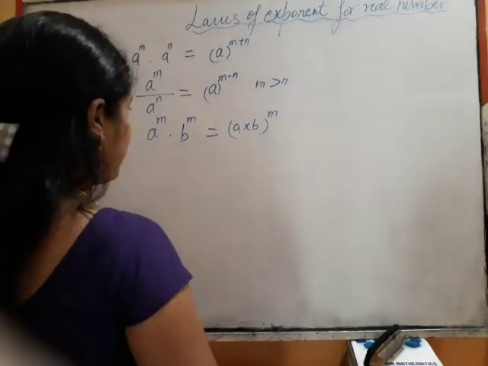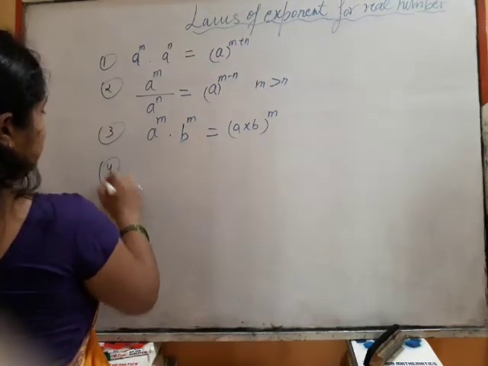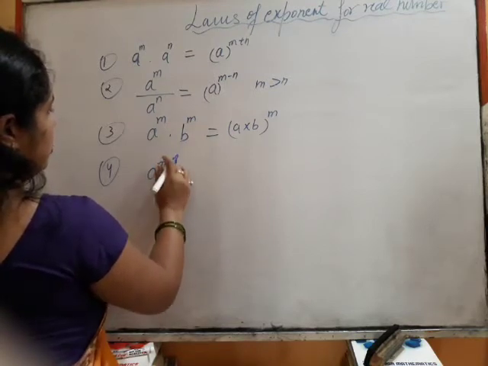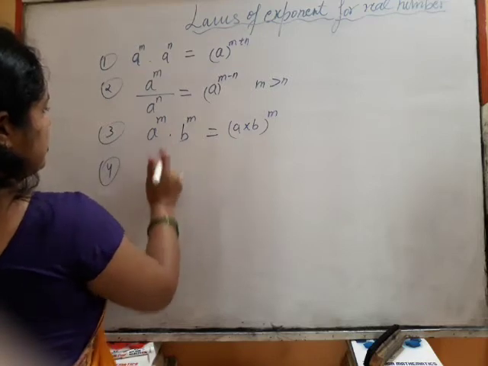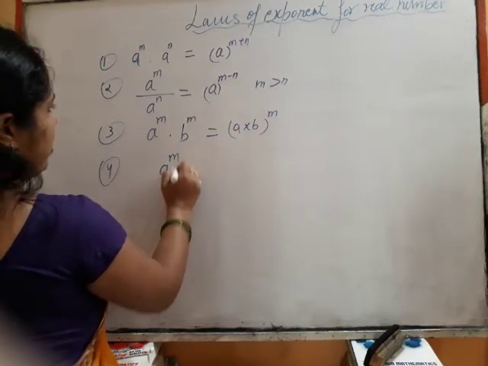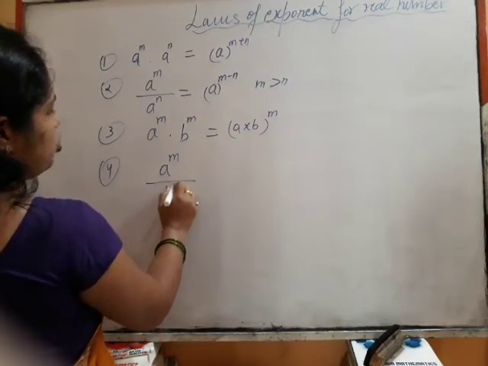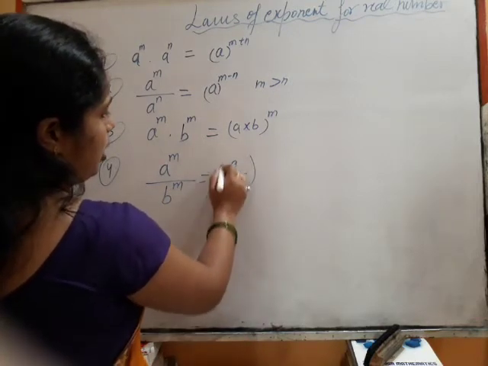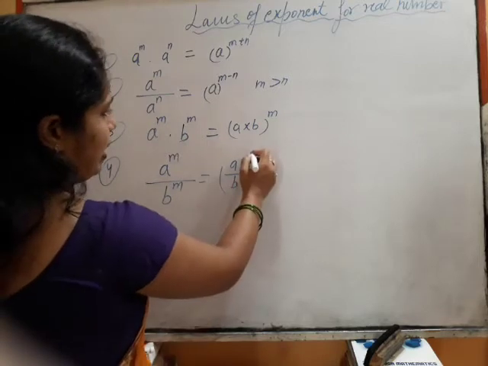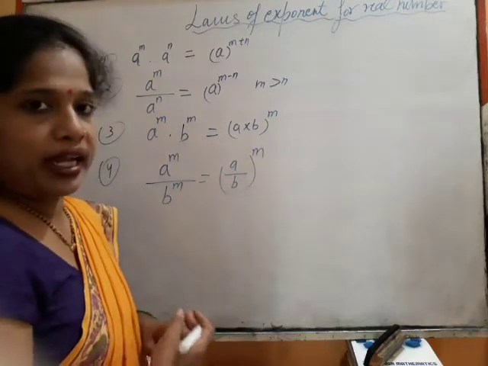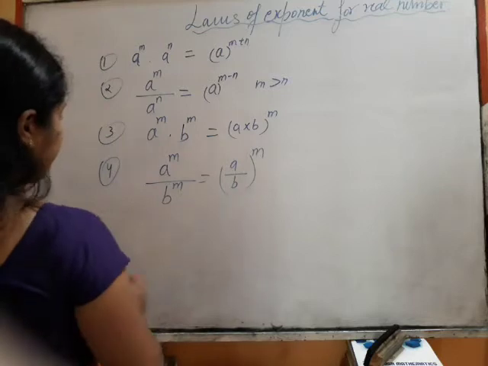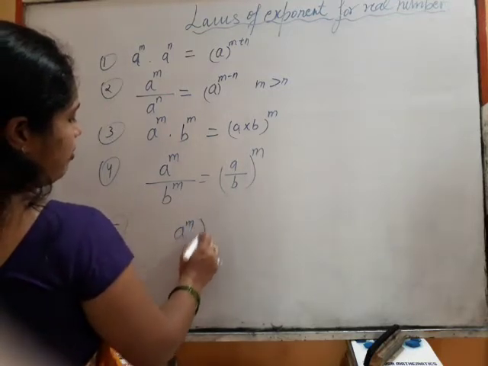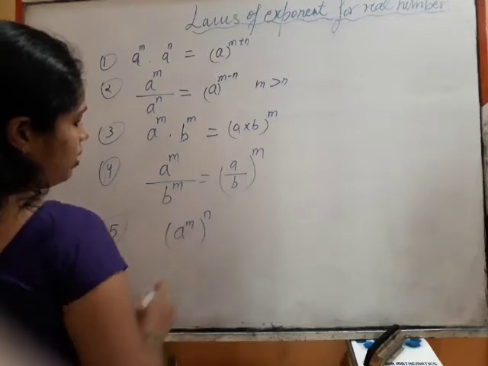Another one, a raised to the power m upon b raised to the power m. In the same way, a upon b, both the bases will get operated together with the common exponent m.